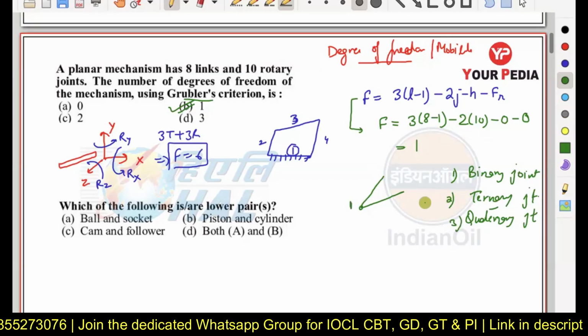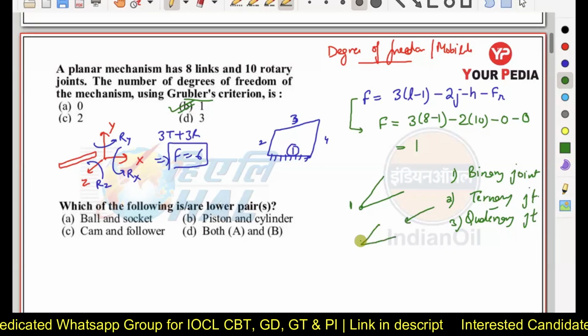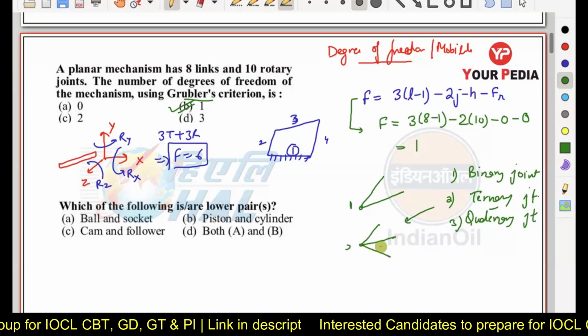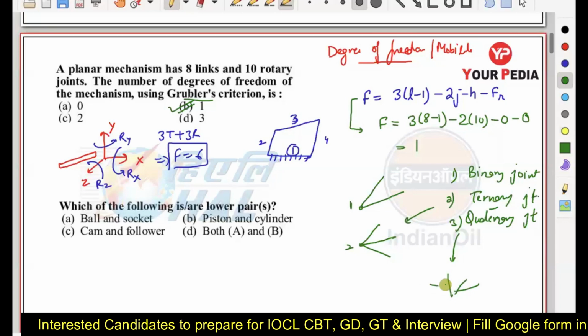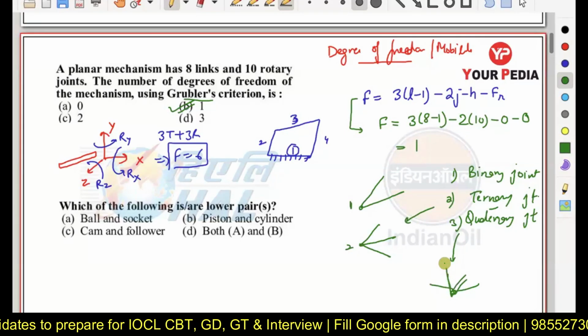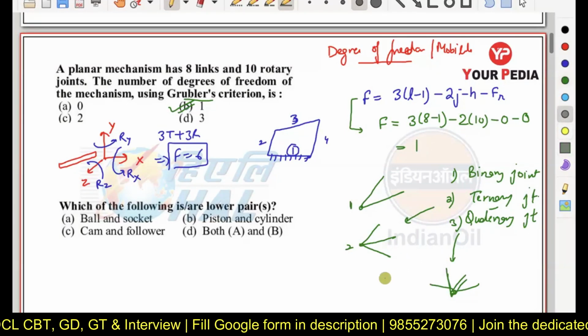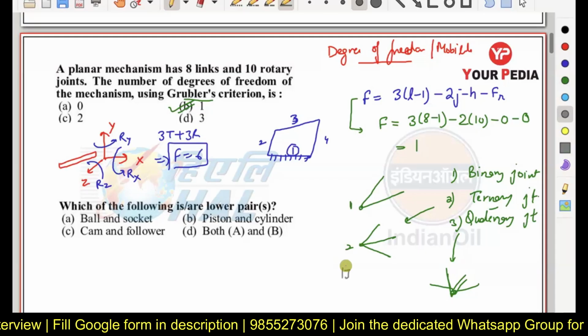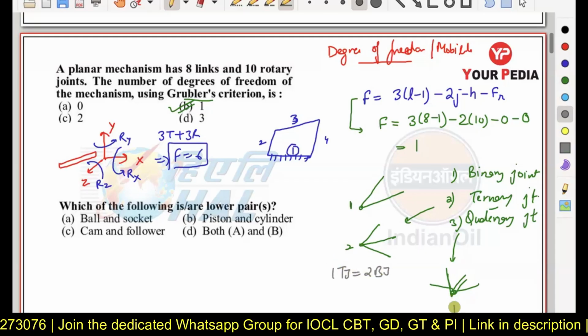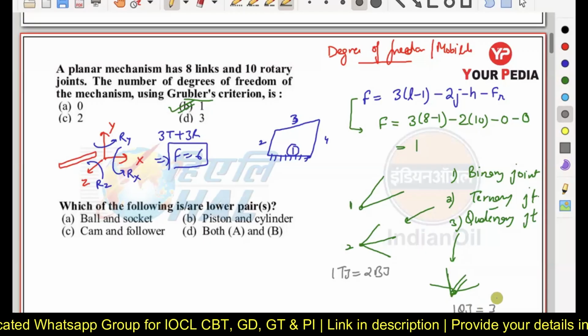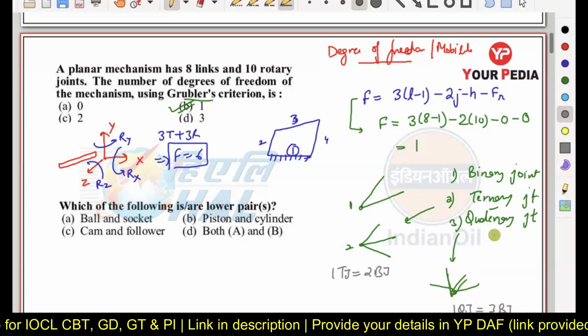In the case of a ternary joint, three links make contact at a particular point. In the case of a quaternary joint, four links make a connection at a single point. We have to remember that one ternary joint is equivalent to two binary joints, and one quaternary joint is equivalent to three binary joints. That you have to remember.